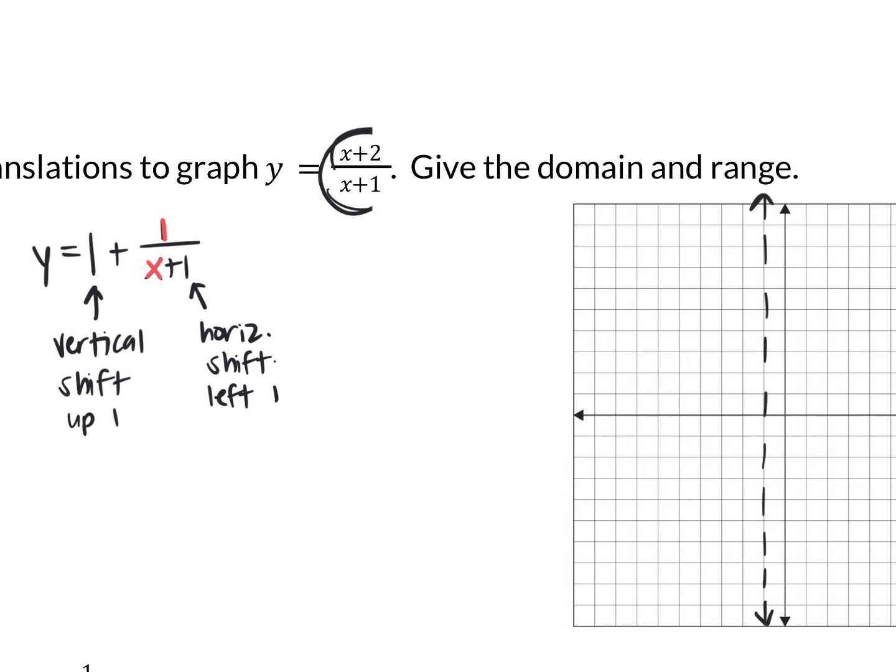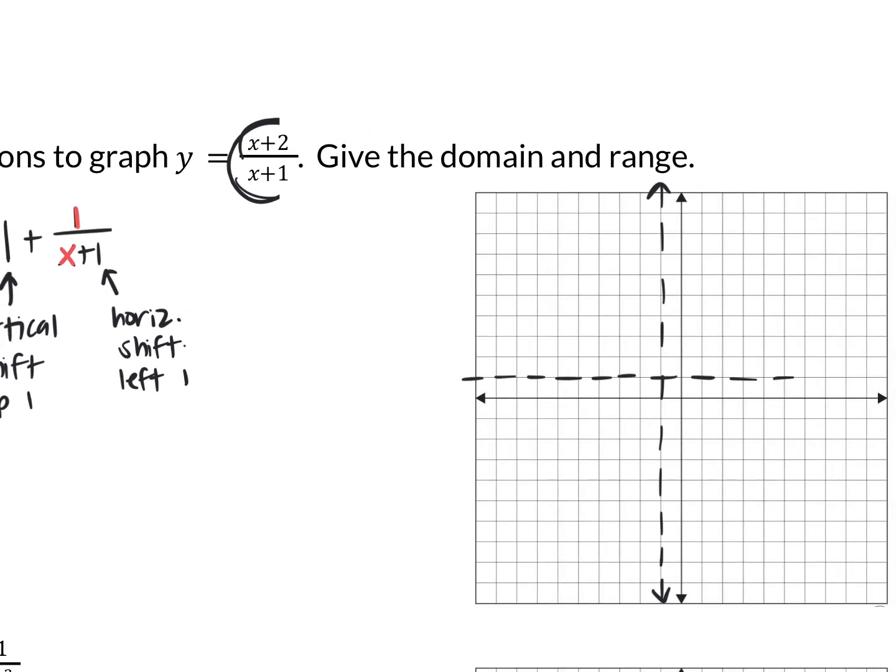And then a vertical shift up 1 would mean shifting my entire line of y equals 0 up 1. Make sure you're always using dashed lines for those asymptotes. Tells me we cannot cross them.